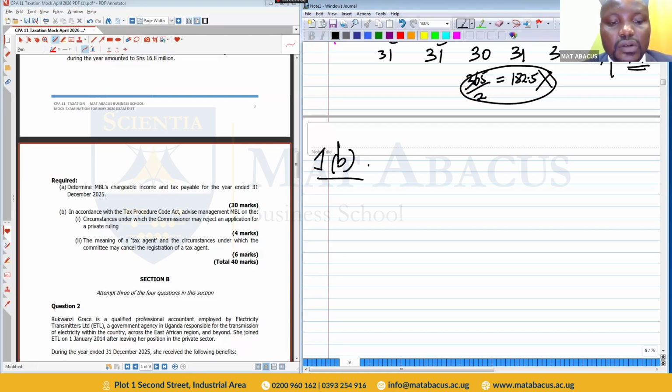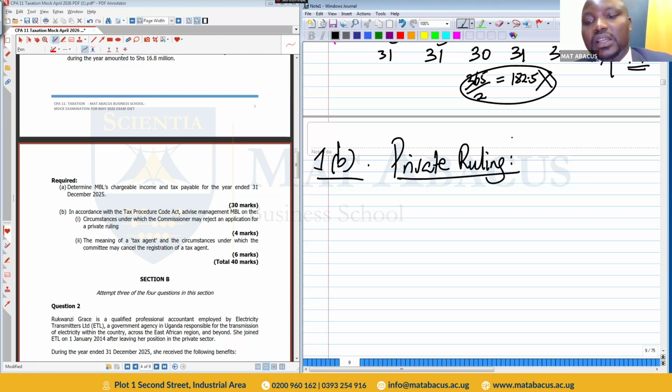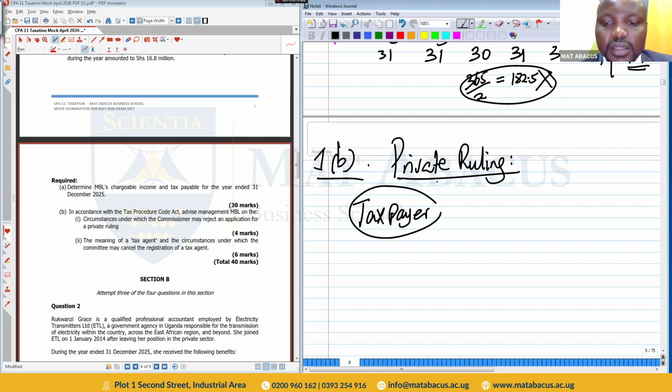Now, first of all, you need to understand what we call a private ruling. A private ruling is a situation where we have two parties involved: a taxpayer and the Commissioner General of the Uganda Revenue Authority.